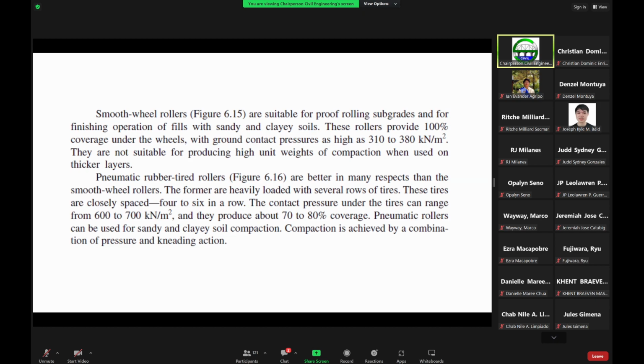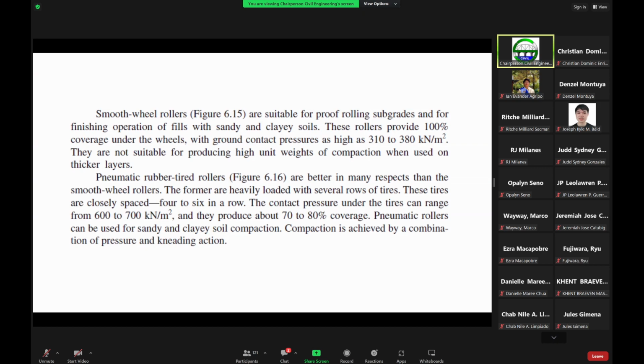Now, the smooth wheel rollers are not suitable for producing high unit weights of compaction when used on thicker layers. Normally in thicker layers, sometimes we can use the dynamic compactors. I think we have done that in the CCLX project.